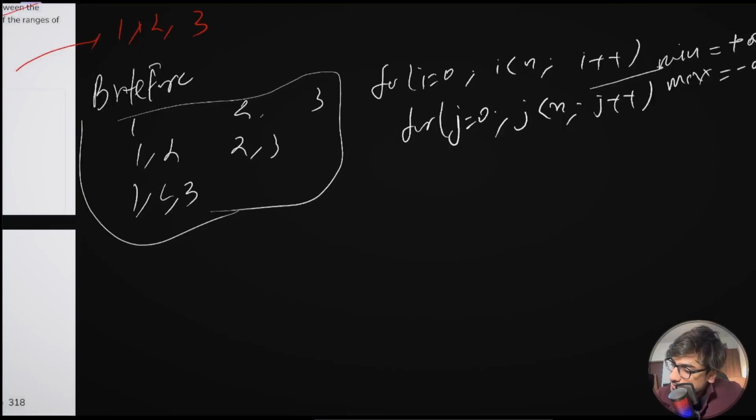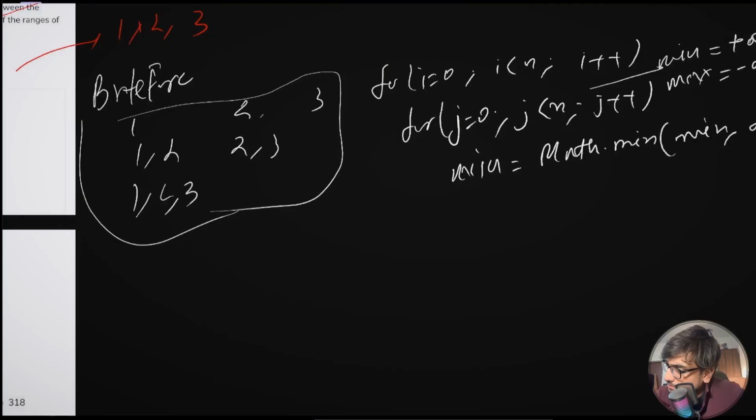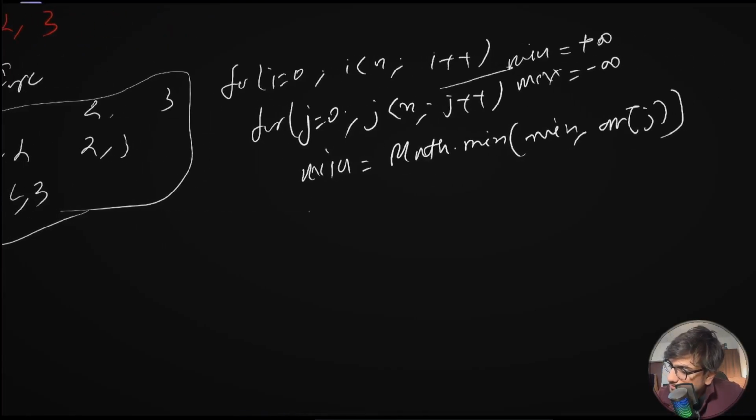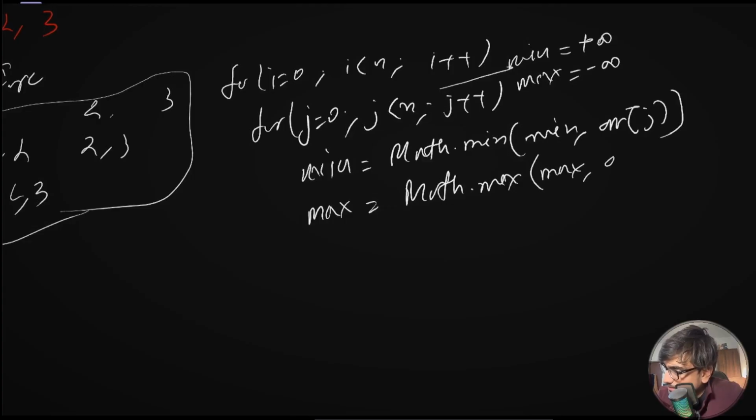Here my minimum is math dot min of min comma array of j, and my max is math dot max of max comma array of j.